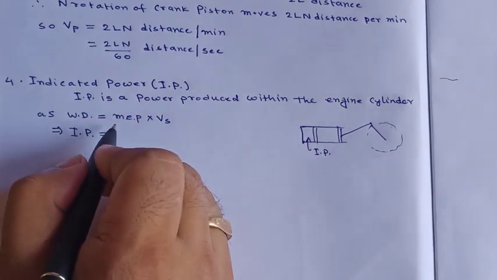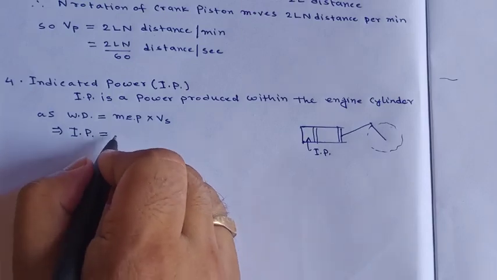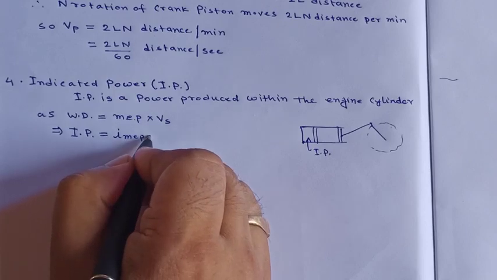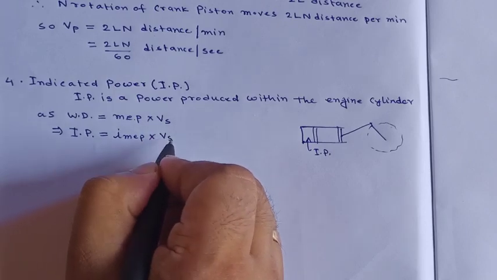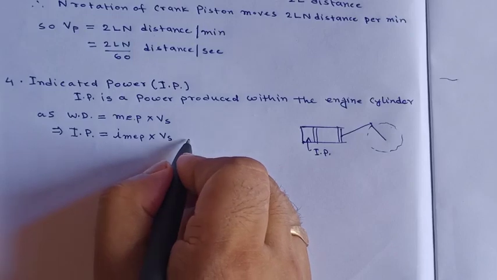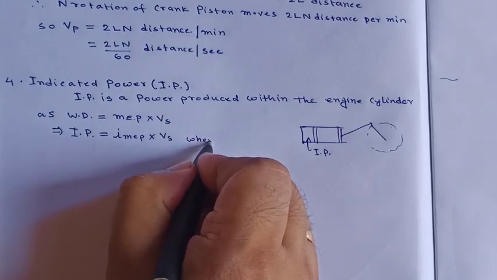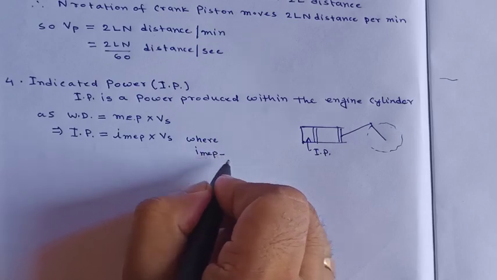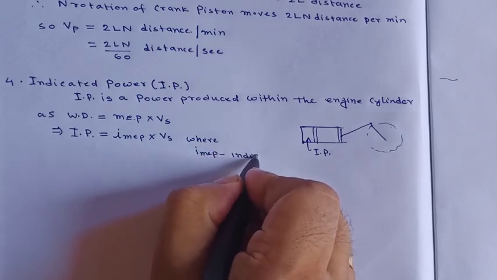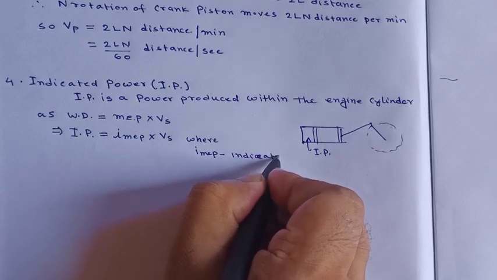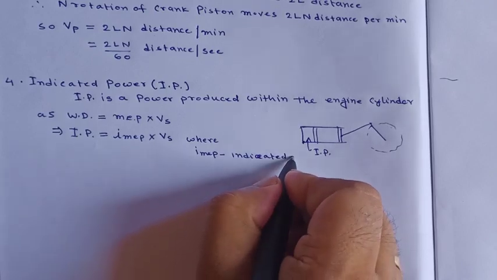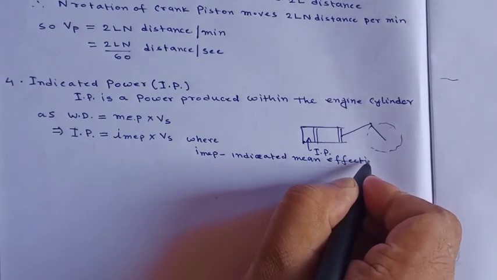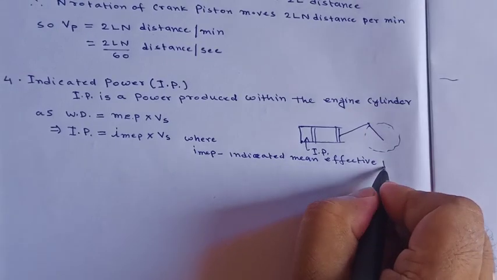This mean effective pressure, which is produced by indicated power, I can write it is IMEP into Vs, where IMEP is indicated mean effective pressure.